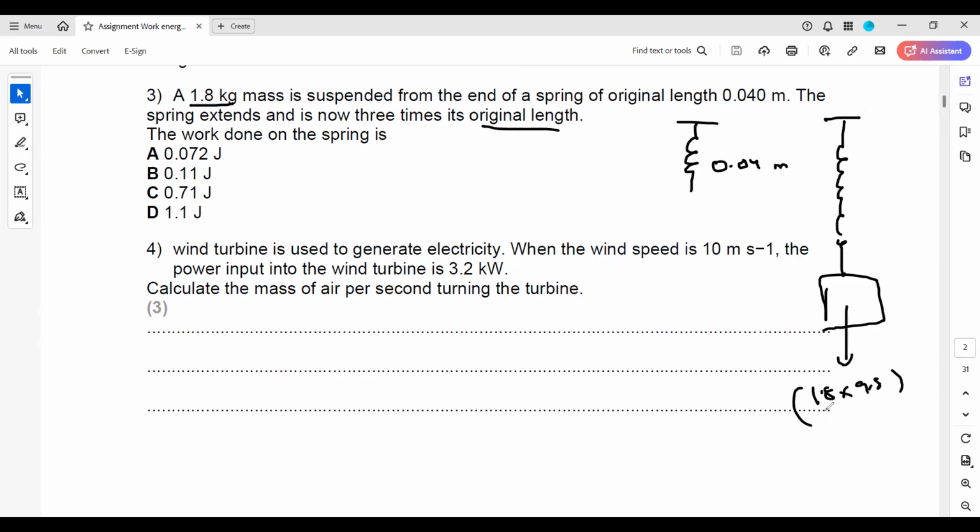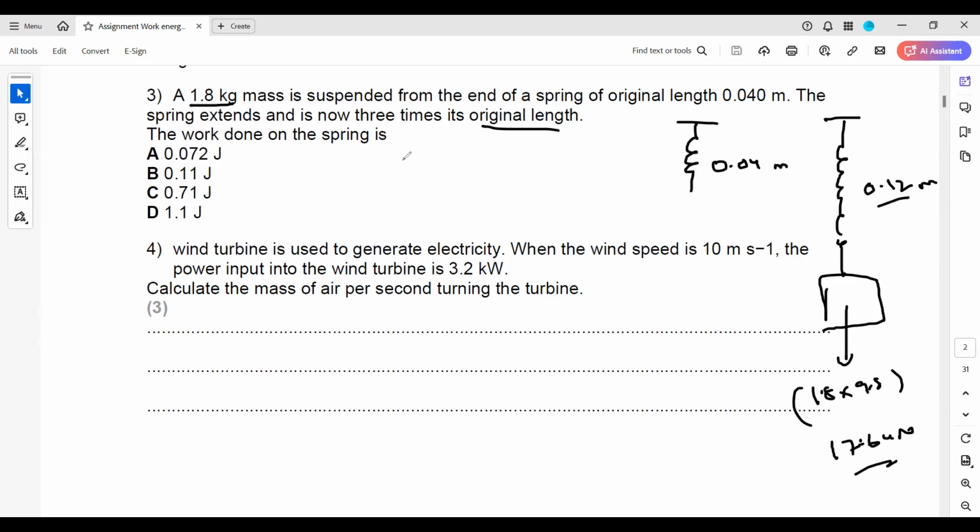Why? Because when we attach a mass, mass is not the force, weight is the force. And weight is mass into gravity. So 1.8 multiplied by gravity 9.8, the total weight is 17.64 Newton. And 0.04, because now it's 3 times the original length, so 0.04 multiplied by 3 equals 0.12 meter.